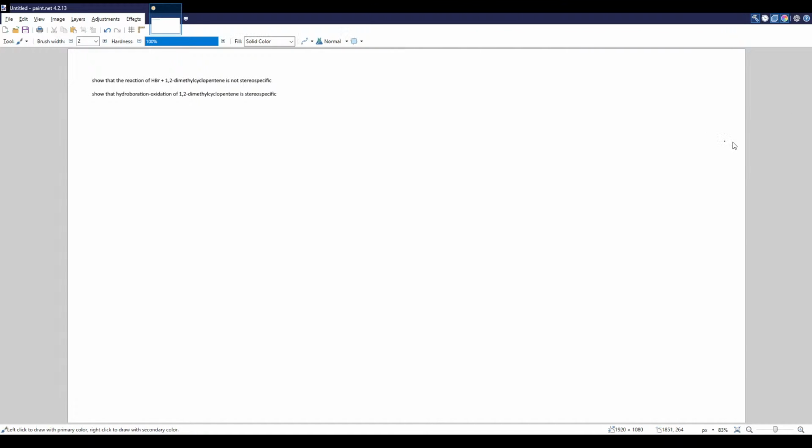Okay. First we gotta do our dimethylcyclopentene. Oh, where is my pen? There it is. Dimethylcyclopentene. One, two. Bam. It's not stereospecific. Well, this is not stereospecific because both of the carbons are equally substituted, and you can add from either direction.